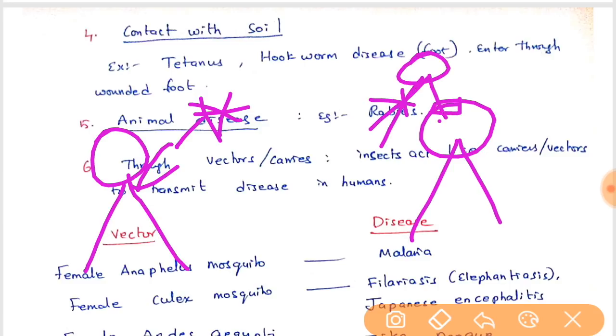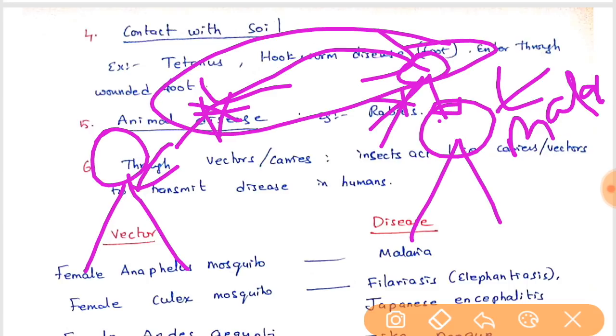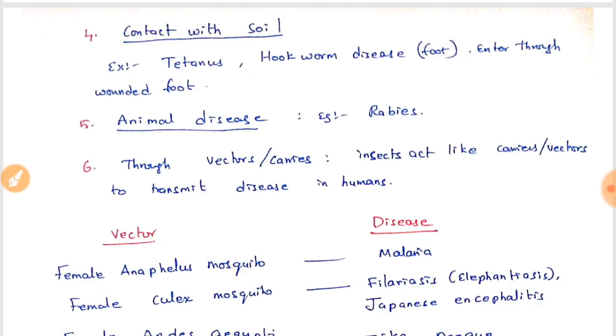Then this person will get malaria. Okay, friends, the mosquito is not affected by the malarial disease. It is just the vector which transfers it from one person to another, friends. Only the humans who get bitten by the mosquito will face the disease. Okay, that is the vector.